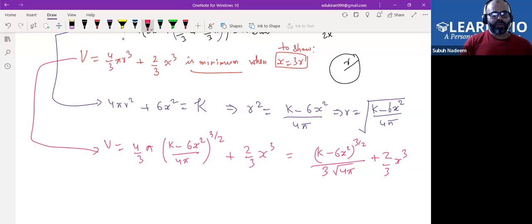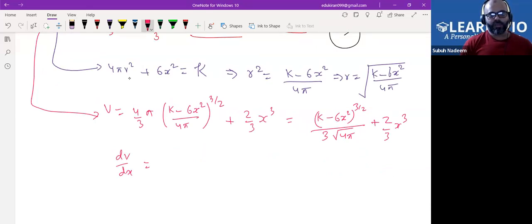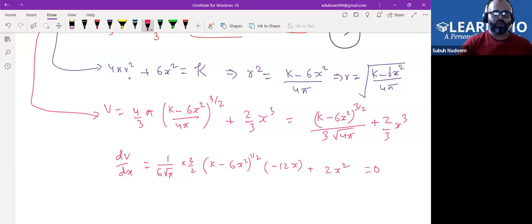Now let us differentiate this with respect to x. When we differentiate V with respect to x, we get 1 by 3 and root over 4 is 2, so 6 root pi, times 3 by 2 (k minus 6x square) to the power 1 by 2 into minus 12x, plus 2x square. We equate it to 0.